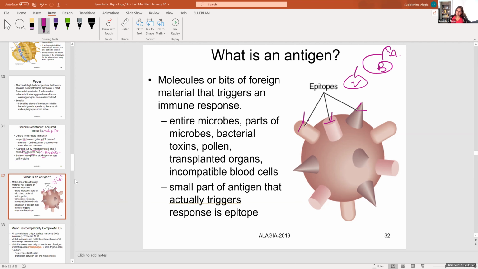And this is what allergy is. It's called hypersensitivity: an overly sensitive immune system that's treating harmless things as antigens. We'll talk about that only in a limited way, because allergy itself would be like half a semester's worth of lecture.